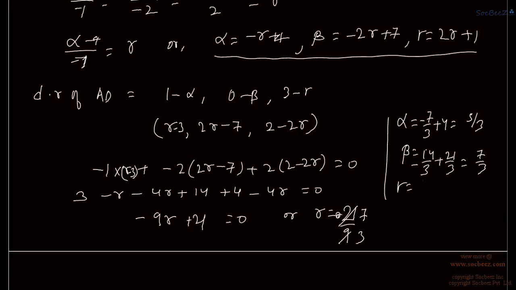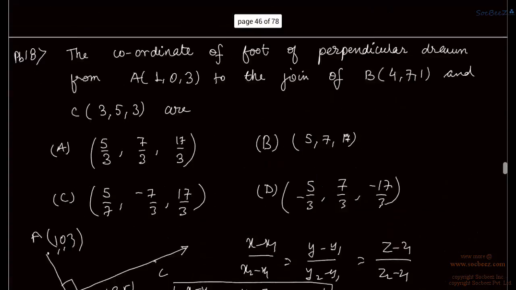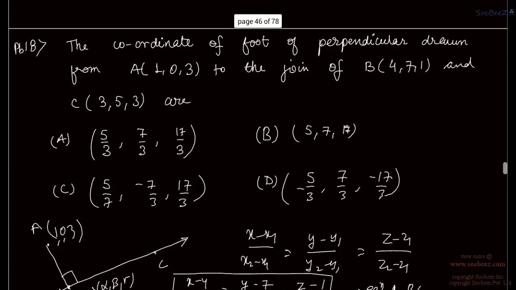Gamma is equal to 2r plus 1, 14 by 3 plus 1 means 3 by 3, that is 17 by 3. So we have coordinates alpha, beta, gamma as 5 by 3, 7 by 3 and 17 by 3. So option A is the correct one, right?